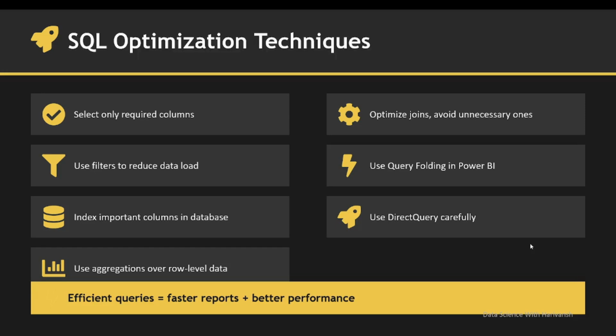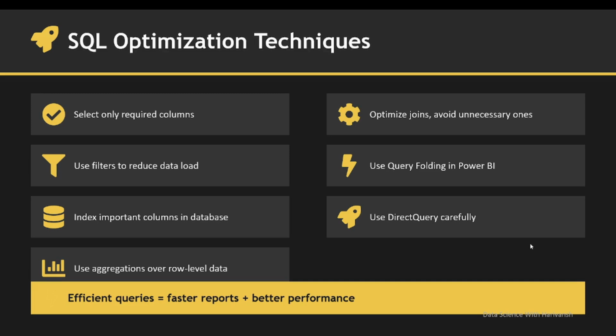Remove any joins that are not contributing directly to the output. Where joins are necessary, ensure that the columns being joined on are indexed in the database. Also, prefer inner joins over outer joins wherever possible, since inner joins are generally faster because they process fewer rows.